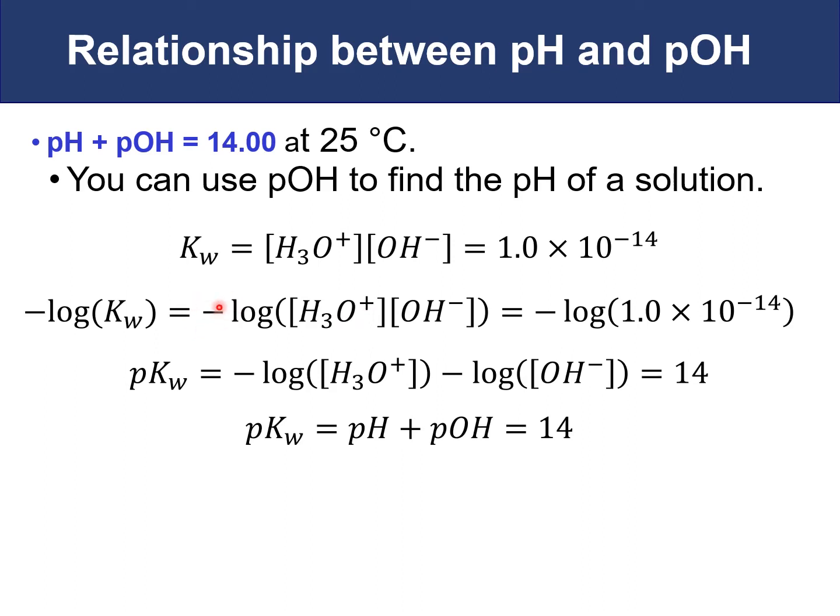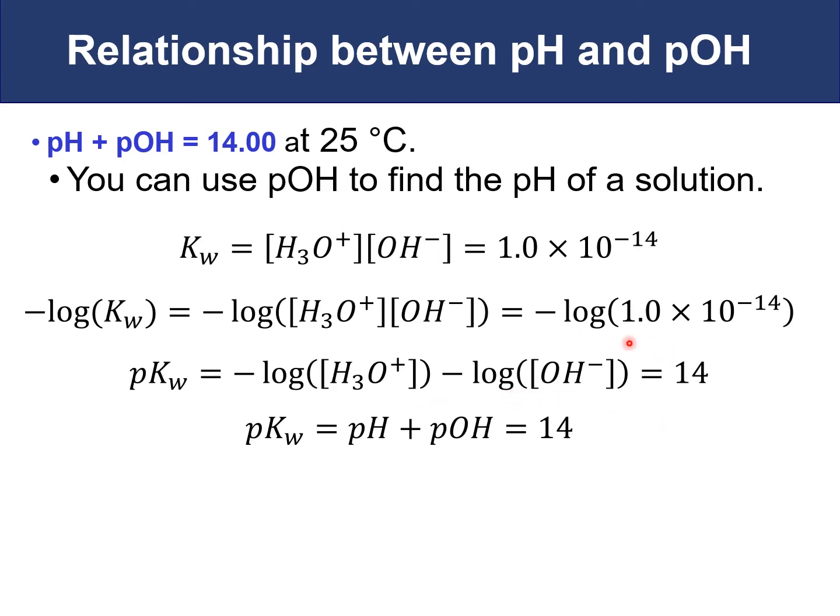So because we have the negative here, it would be the negative log of H3O+ plus the negative log of OH-. Or you could express that as the negative log of the hydronium ion concentration minus the log of the OH- concentration.